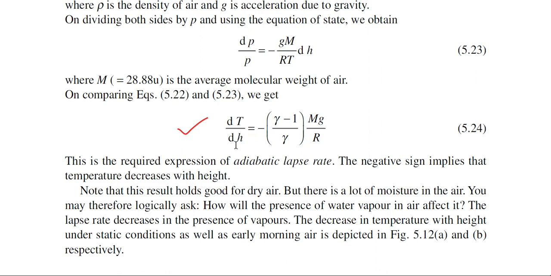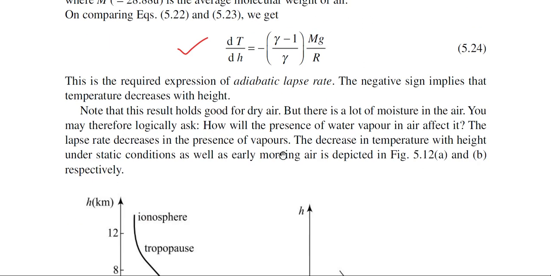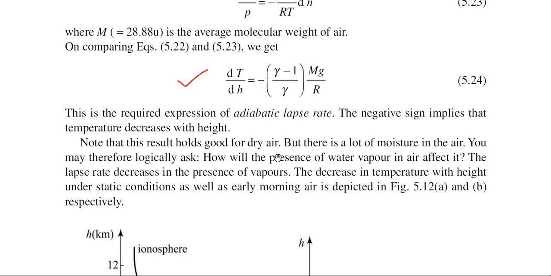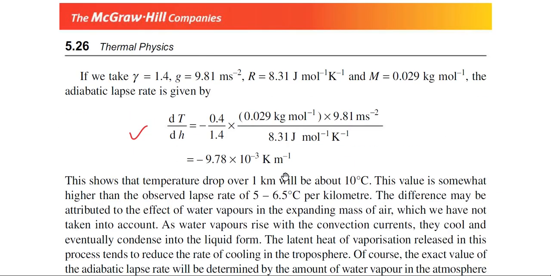T is temperature, h is height. dT by dh is equal to minus gamma minus 1 by gamma times Mg by R, and capital M is the molecular weight of the air. If you put the values in the right hand side, dT by dh is equal to minus 9.78 into 10 to the power minus 3 Kelvin per meter. This shows that the temperature drops when height is increased.